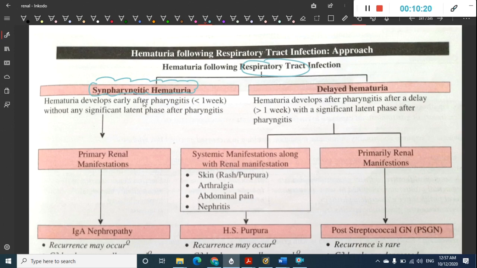Here hematuria develops early, less than 1 week after pharyngitis. Then we have delayed hematuria, in which hematuria develops after pharyngitis with a delay of at least 1 week.